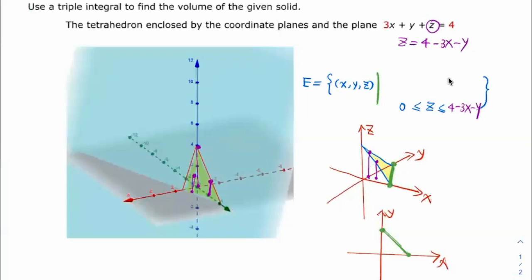Then you need to get the equation for this line over here. What's the equation for this line? Well, this line is where this plane intersects with the XY plane, right? So Z will be equal to 0. So we're going to set this to be 0. Then you will have 0 equal to 4 minus 3x minus y.